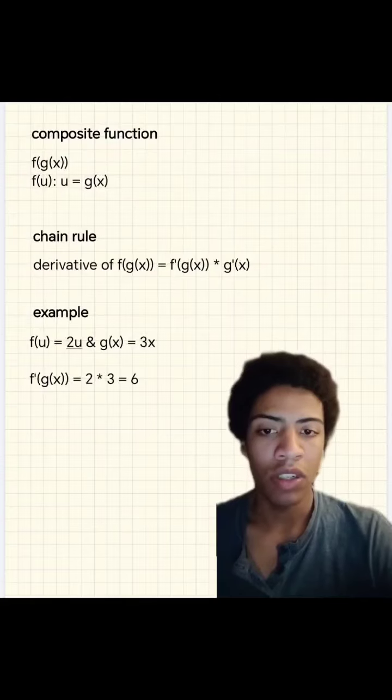So function f is dependent on g. So it makes sense the derivative would also have to be multiplied. But that is basically the chain rule.